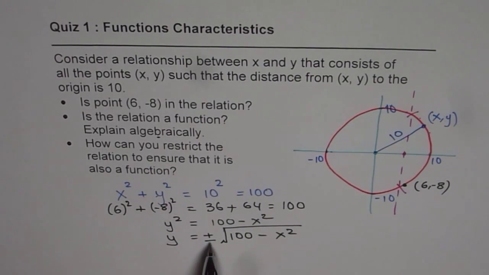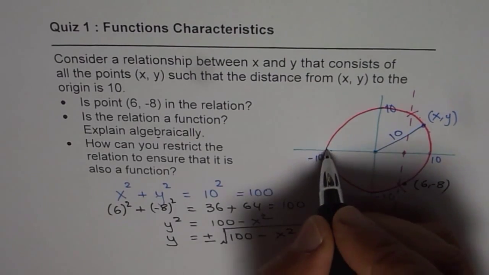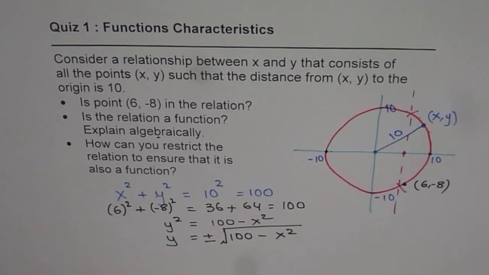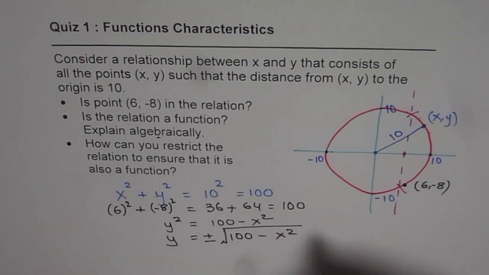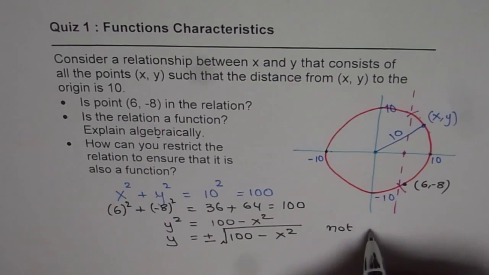That results in two values of y for most of the values of x, right? Except for, of course, when x is 10 or minus 10. At those points, you have only one value of y, but at all other points within the domain of this relation, you will have two values, and that shows that it is not a function, right?